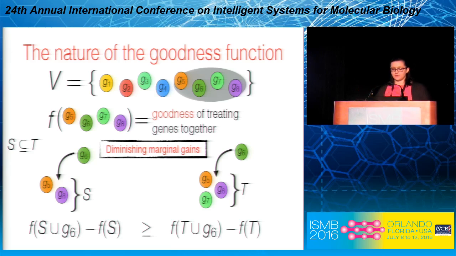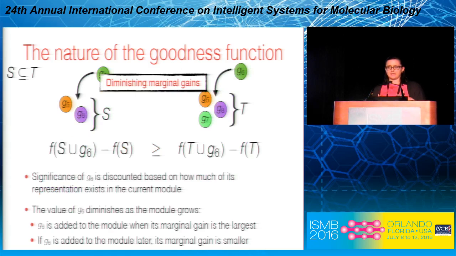So intuitively, this means that the utility of gene G6 is greatest when it is incorporated early into the module. The implication of diminishing returns, or diminishing marginal gain, is that when we infer the module, at each step the relevance, the significance of a particular gene is discounted based on how much of its representation is already captured in the module.